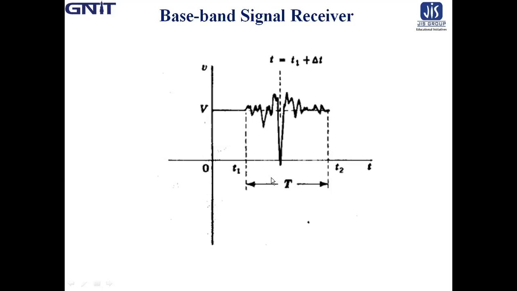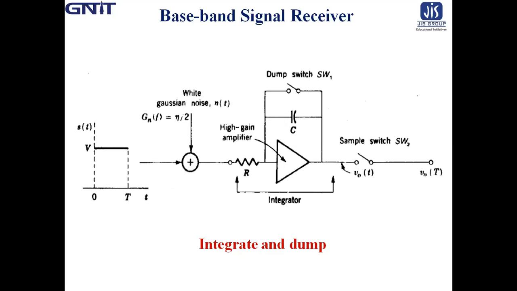Now I go to the baseband receiver. This is called the baseband receiver. Here, the transmitted bit is represented by the voltage plus V, which is sustained over an interval capital T from T1 to T2.